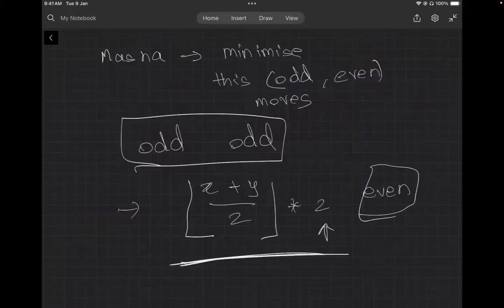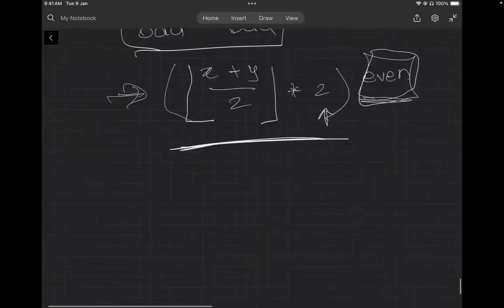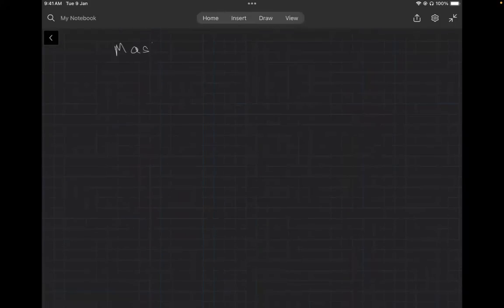Does this make sense, guys? Whatever number I put inside this function, whatever I get out will always be even because of this into 2. So tell me one thing, guys. How can Masha reduce the number of odd-even moves?